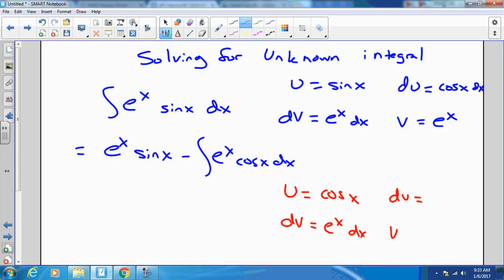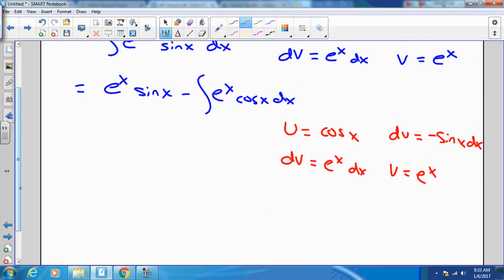What's du then? Negative sine x dx. Now, here's where we have to be careful with our negative signs. Of course, this term is here. Now we are subtracting the entire integral, minus the integral of v du.